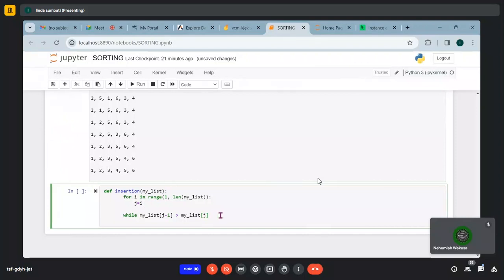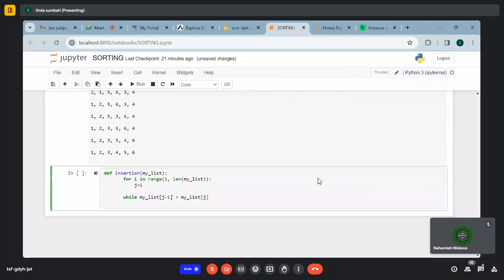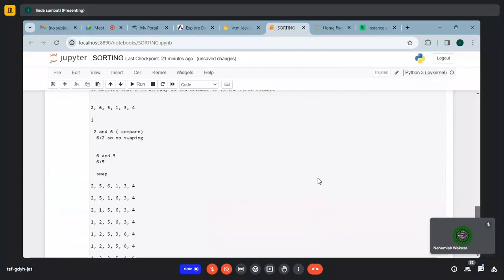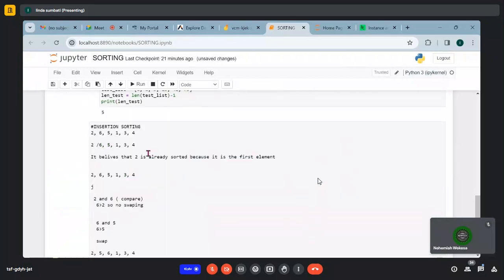Now, Linda, this is what PG was saying. Explanation up there, we understand. Now it comes to J and I. So let's do this. So this was our J. See, we said we assume this one is already sorted, so we'll start at position number 1.